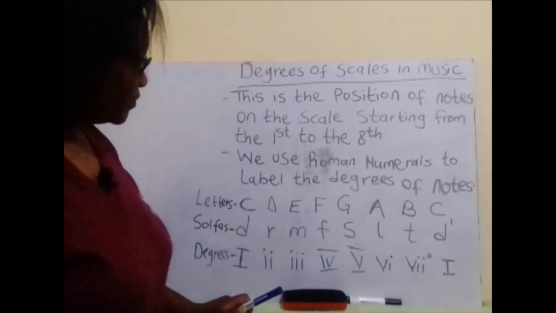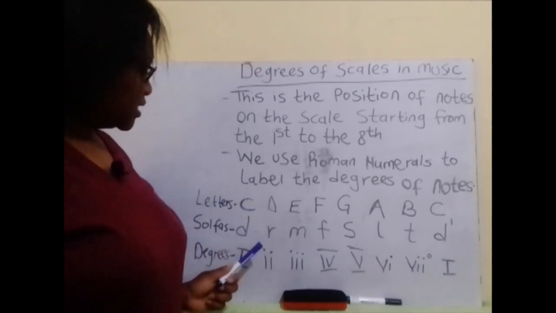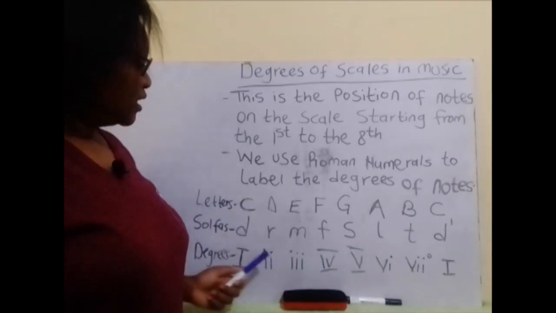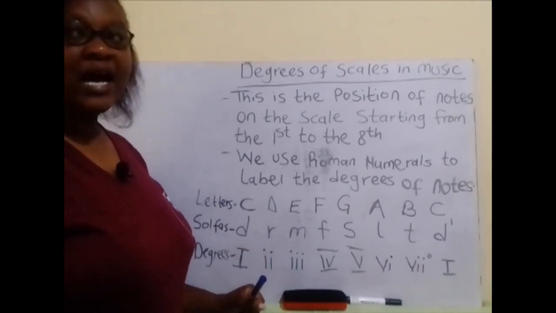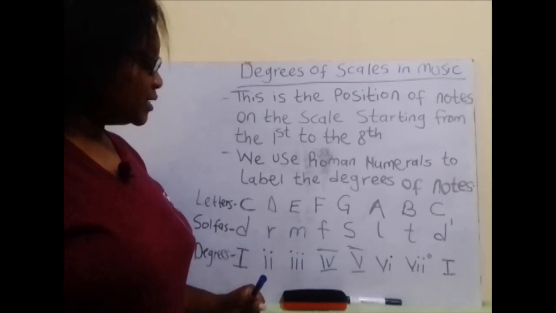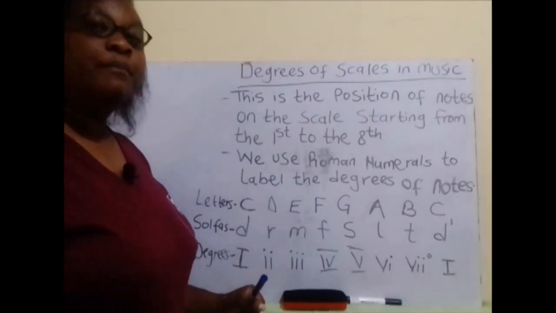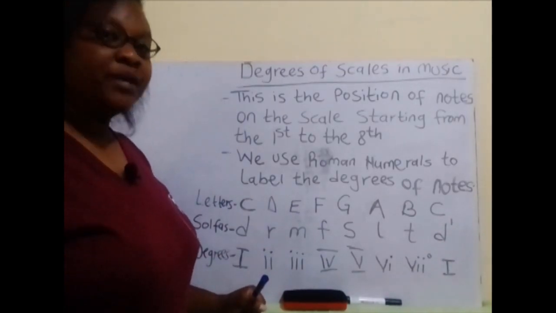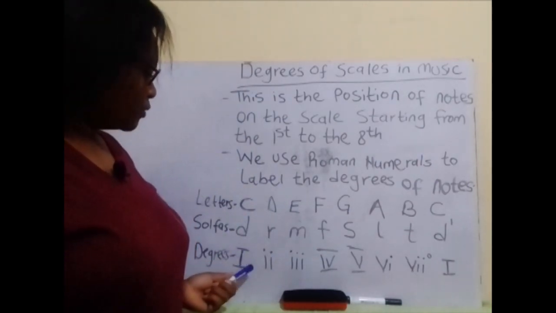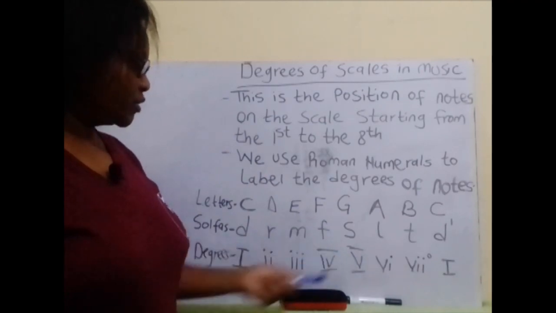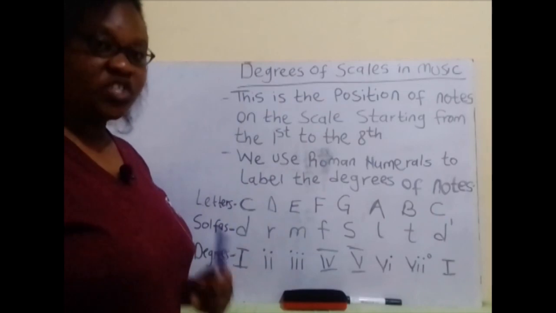So, you might ask yourself, why is it that some of the Roman numerals are in capital and others are not? That one is a topic for another day when we are going to be learning about minor and major scales. But just note that whatever appears in capital numeral is major.